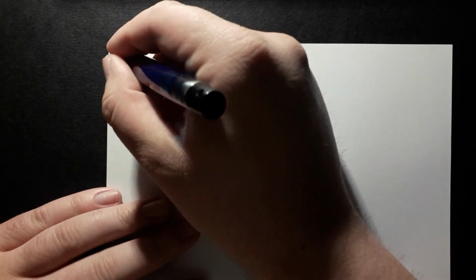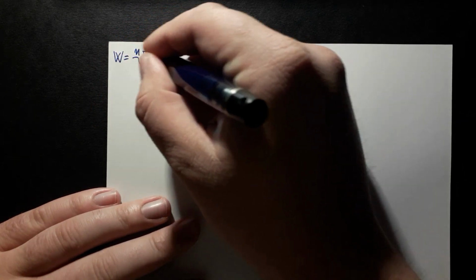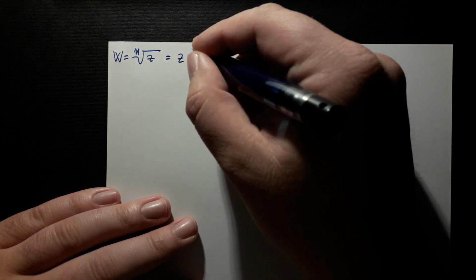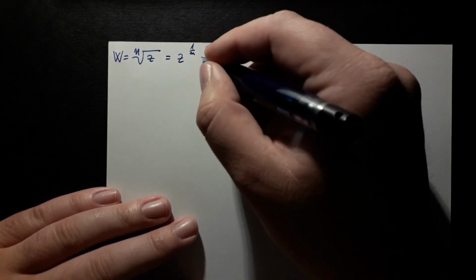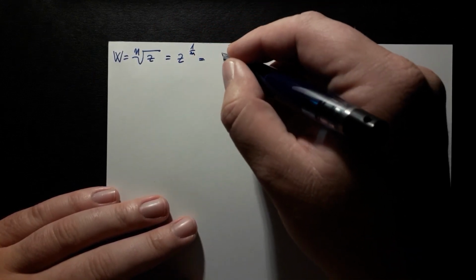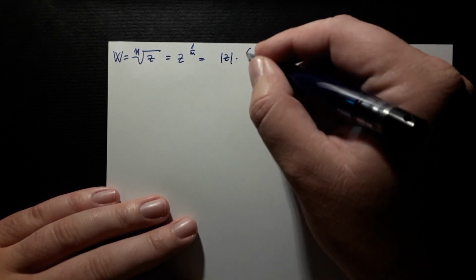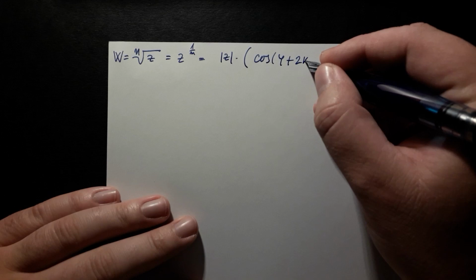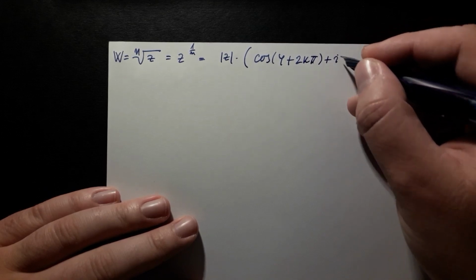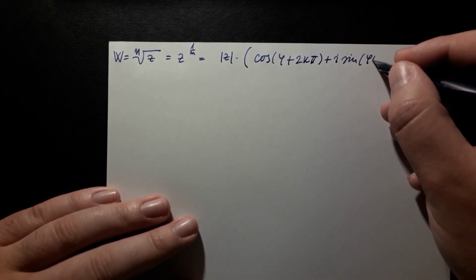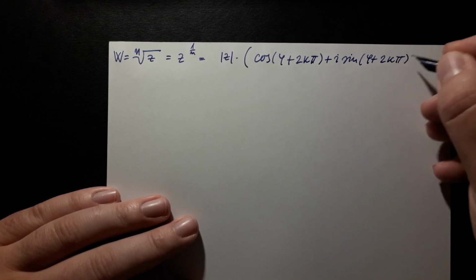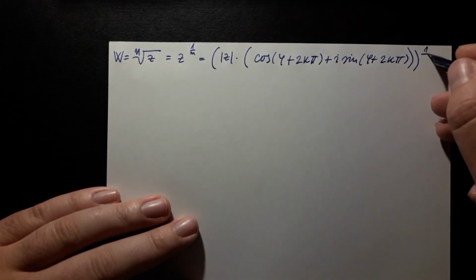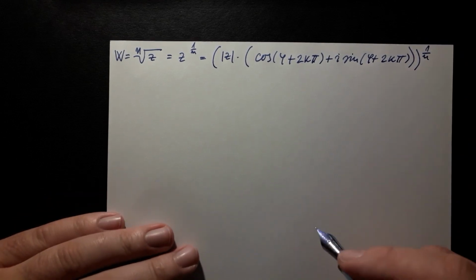Well, the question now becomes how to calculate an nth root of a complex number z. This is basically equal to z to the power of 1 over n, which is equal to module of z times cosine of phi plus 2kπ plus i sine of phi plus 2kπ, and that entire thing to the power of 1 over n.